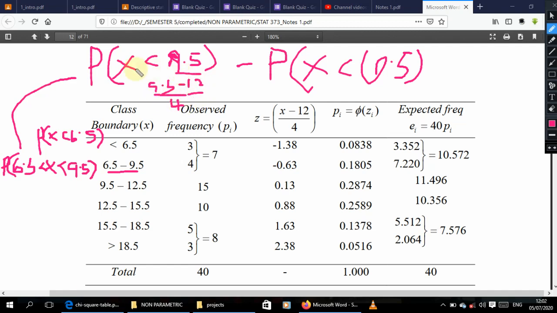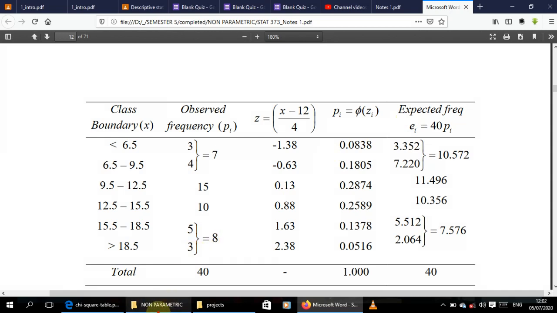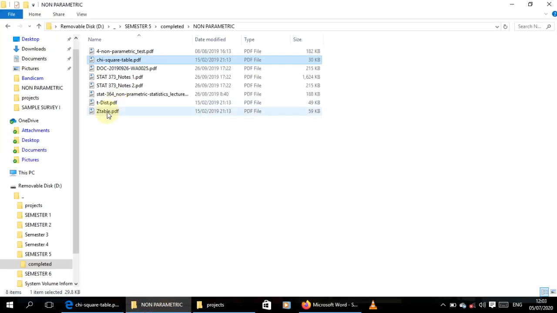All right, so now you'll be looking at probability that z is less than whatever value you get from this. So maybe I don't really know the value. All right, so the value you get, just write it down. Okay, then go and look for it on the z table. So this is the z table.